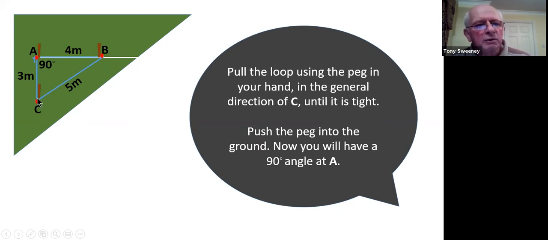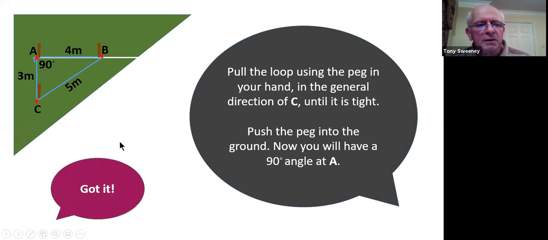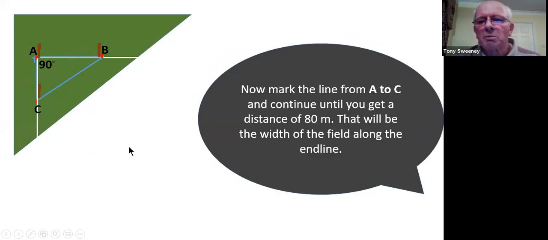Push the peg into the ground. Now you will have a 90-degree angle at A. Now mark the line from A to C, and continue until you get a distance of 80 meters. That will be the width of the field along the end line.